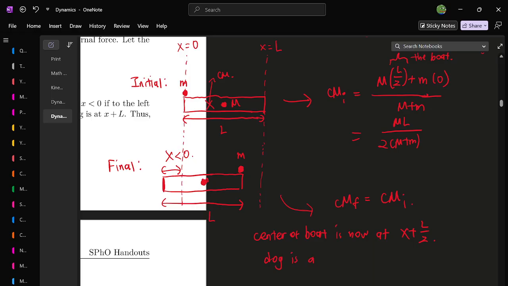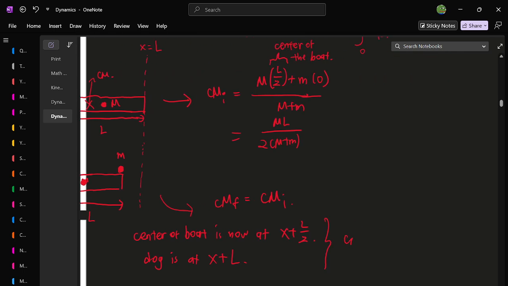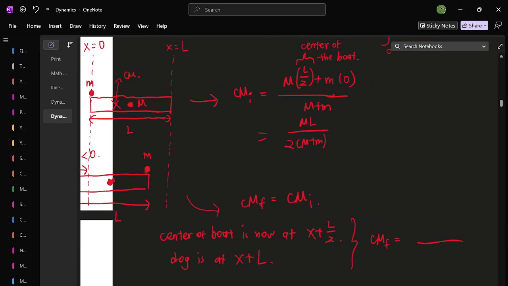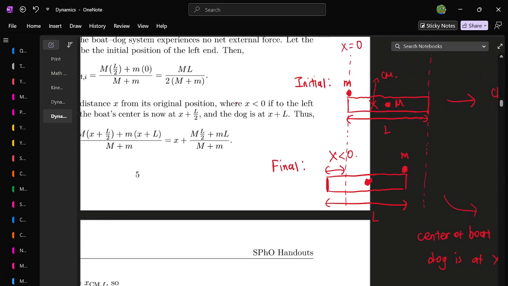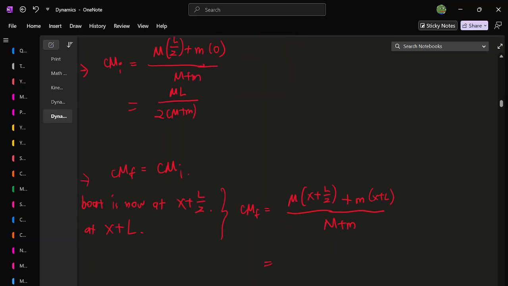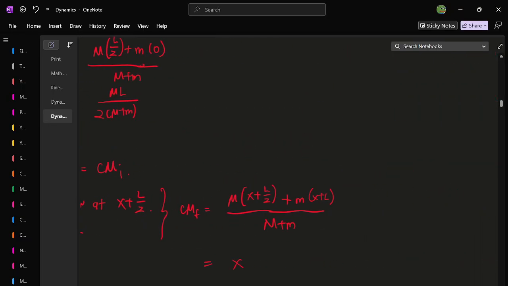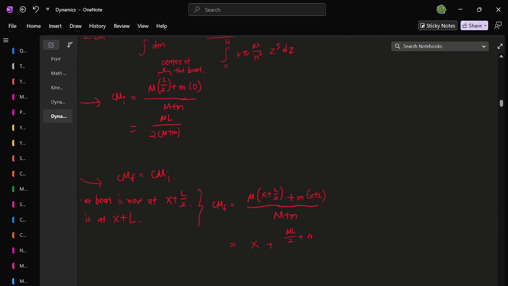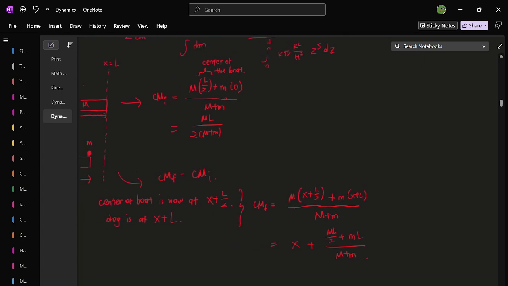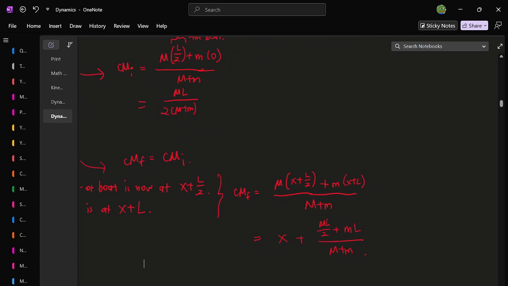The dog is at x plus L. So with that, our final CM will just be M times x plus L over 2 plus m times x plus L, over M plus m, as you can see here. And this, after some algebra, will simplify to the expression shown.